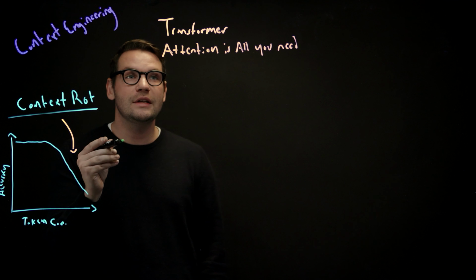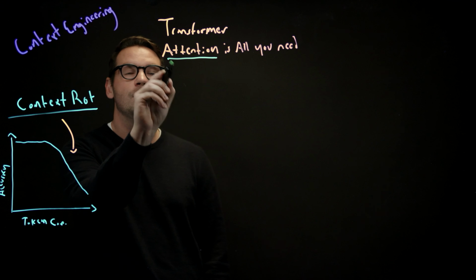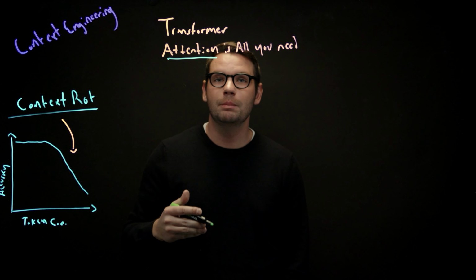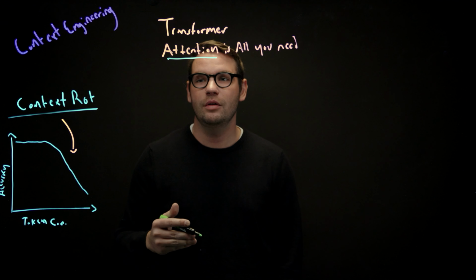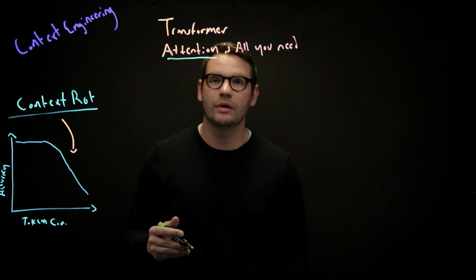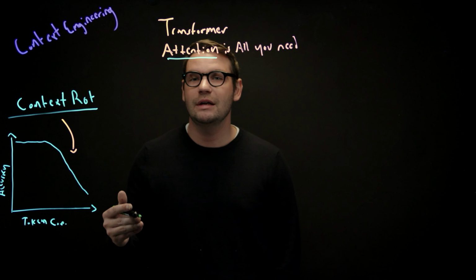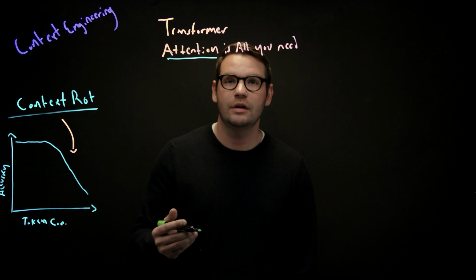And the key word in this is attention. Attention is ultimately what gives large language models the ability to focus on the right tokens or focus on the right information. And it means that any token can attend to every other token in its context window.